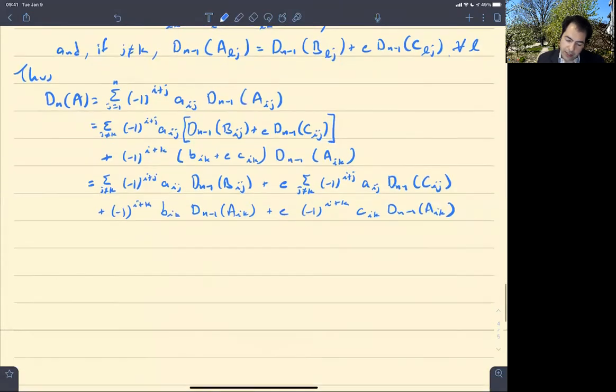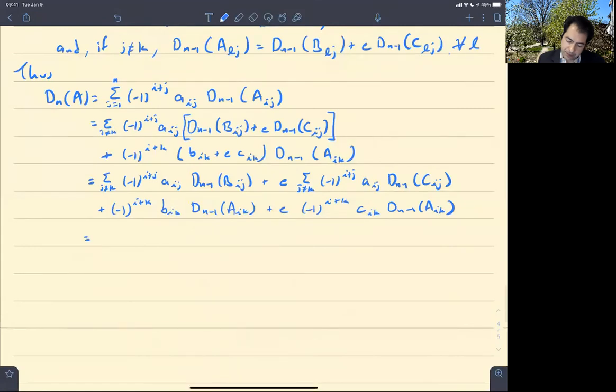Now I'm going to write the same thing, but this a_ij, because j is different from k, is the same as b_ij.